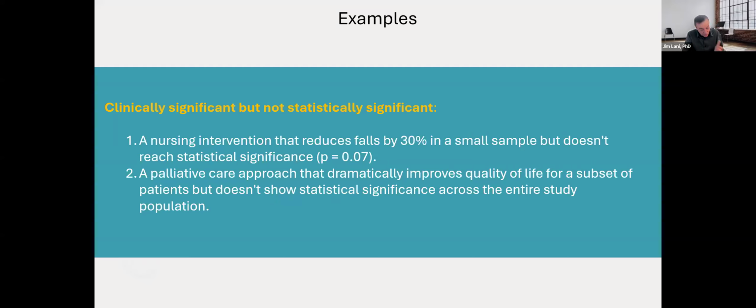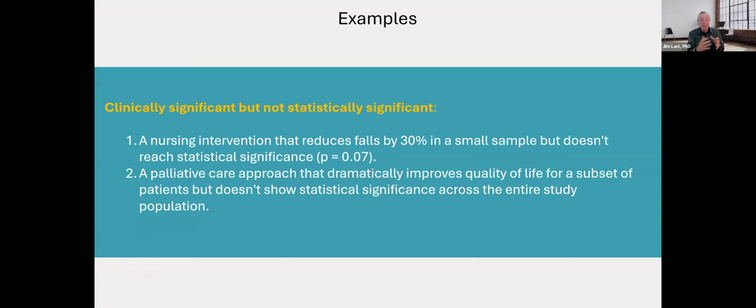On the flip side of the coin, sometimes there is clinical significance but not statistical significance. By that I mean, hey, you know what? Falls are a huge problem across the globe. People fall for all kinds of reasons. 10% of those are serious. That means the patient is going to get hurt or die, and your hospital is going to get sued.